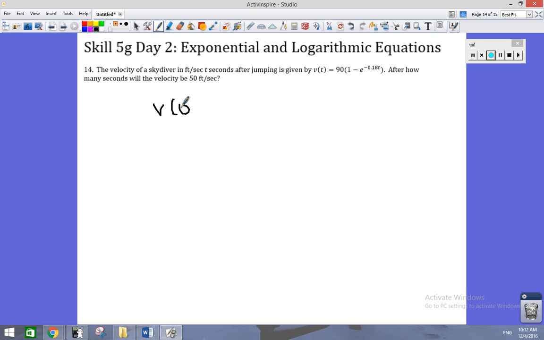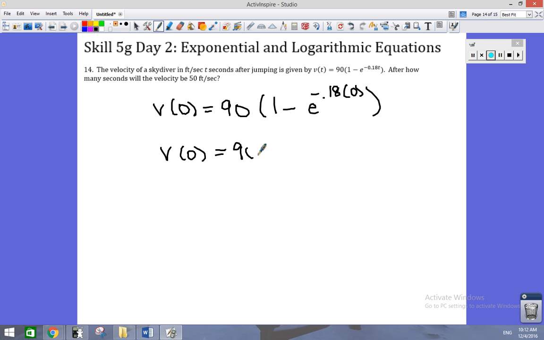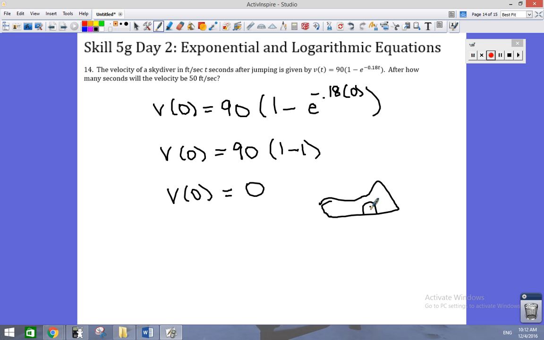If we plug in 0, then we get 90 times 1 minus e to the negative 0.18 times 0. This is 90 times 1 minus 1, which is 0. So when you're in the plane and ready to jump out, this function is telling us the velocity at which we're falling.